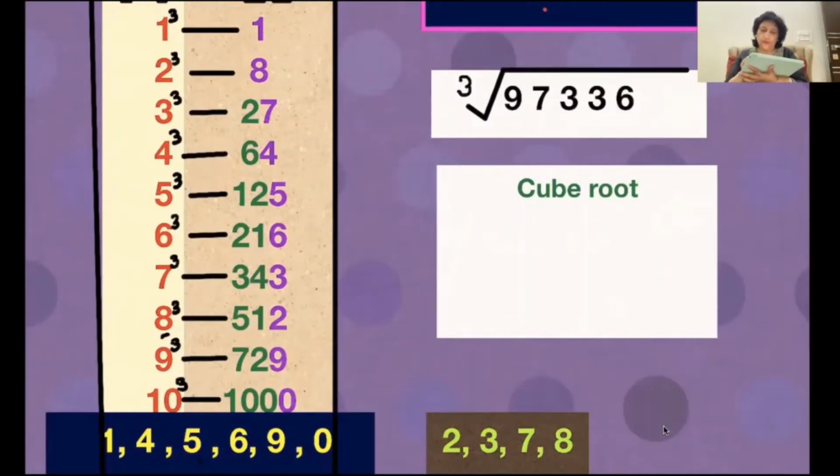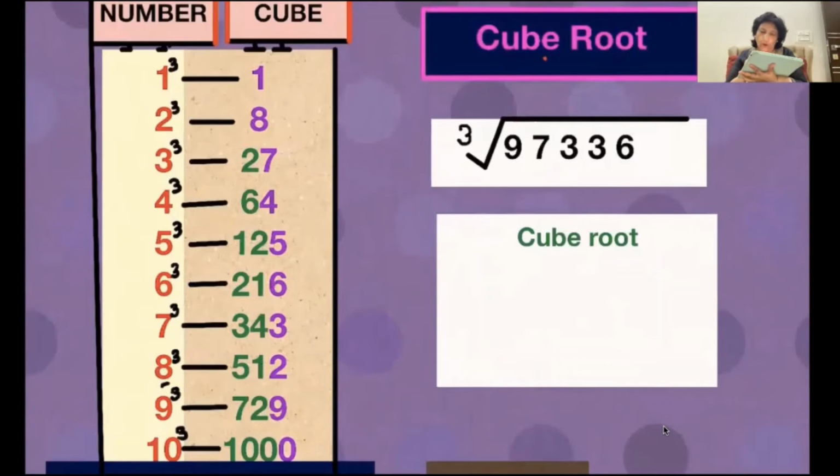First of all, we will make groups of 3 from the extreme right. This will be one group, and we are left with only 2 digits in the other group. Because we have 2 groups, the cube root of this number will have only 2 digits: the units digit and the tens digit. Now, how to find the units digit of its cube root?